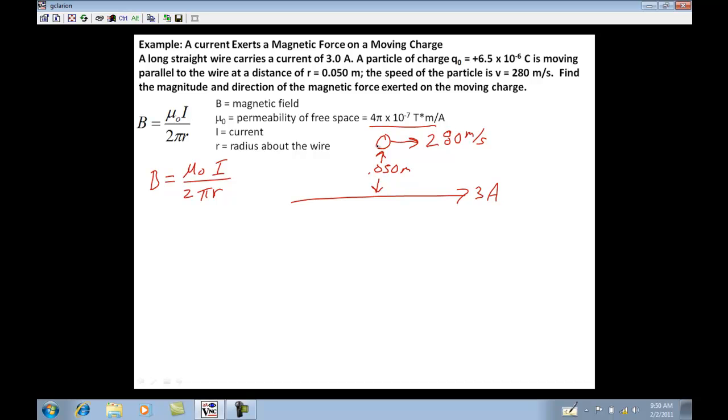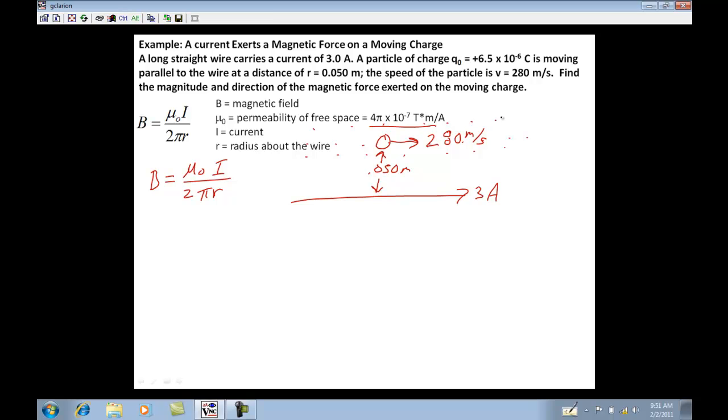Out towards us. So am I going to draw dots or X's? Dots. And that's what we talked about last time, that we use dots to represent coming out of the page. So we would have a magnetic field here that would point out at us. So just draw dots like that.